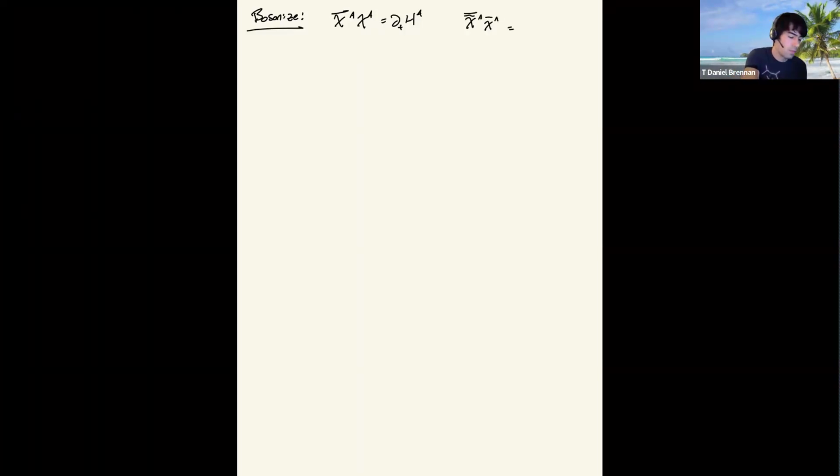So if this is J_A and this is J tilde_A, the boundary conditions we want to write are something like J_A times a matrix times J tilde_B equals 0.